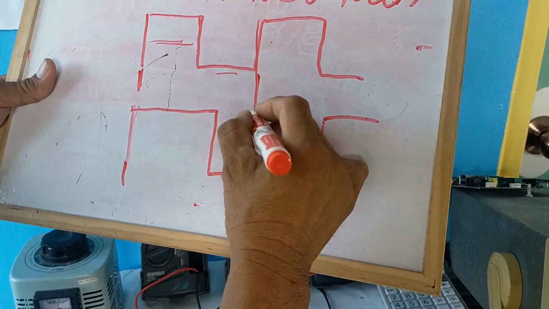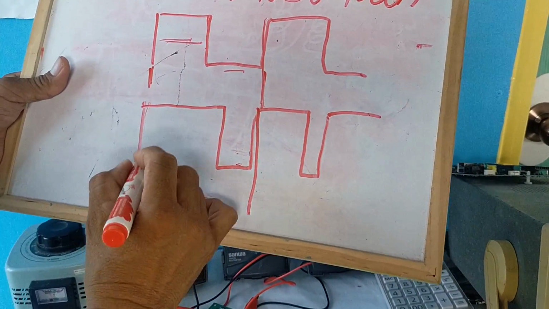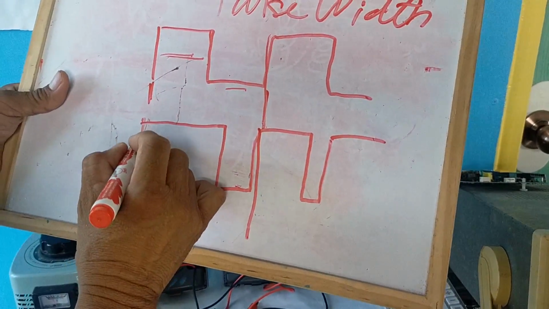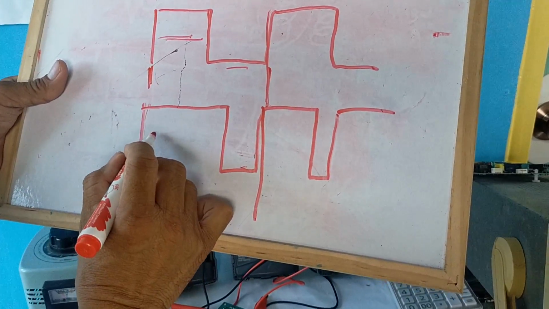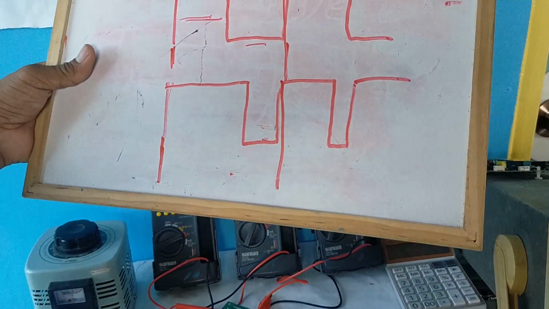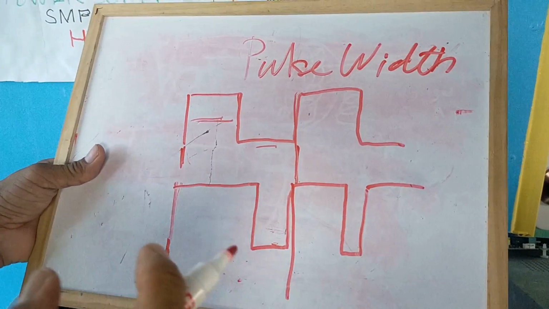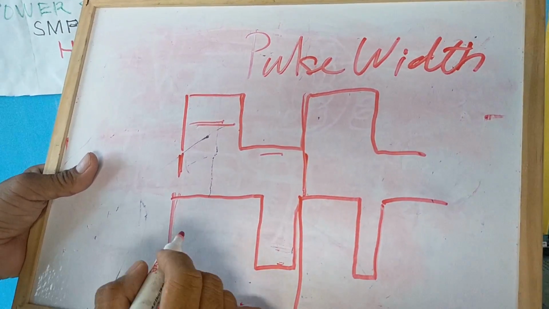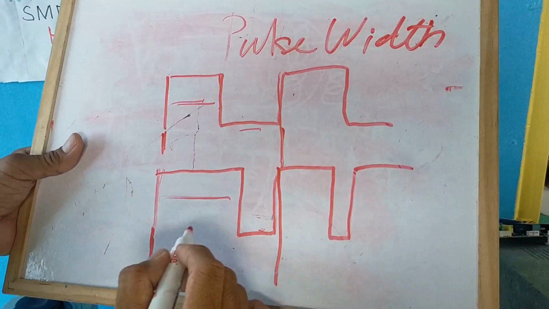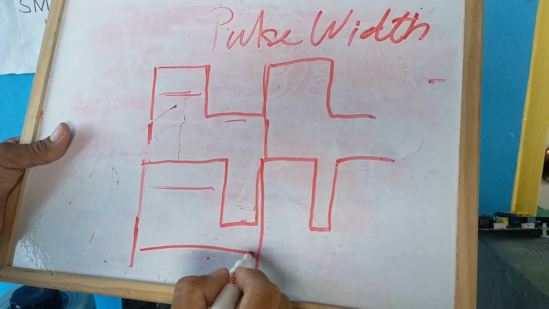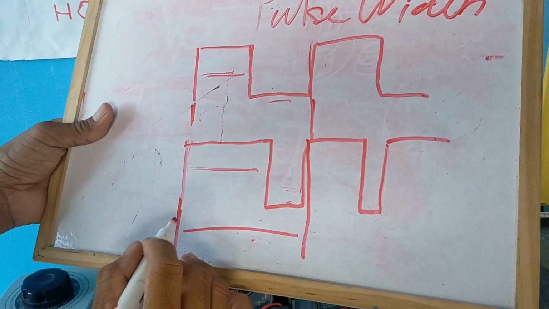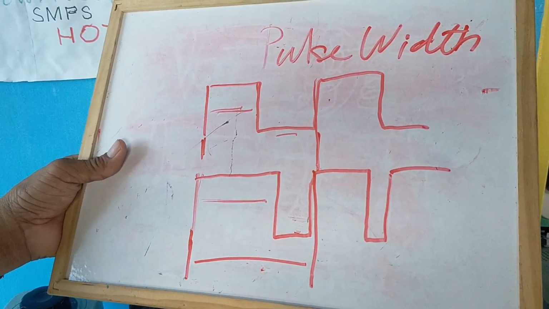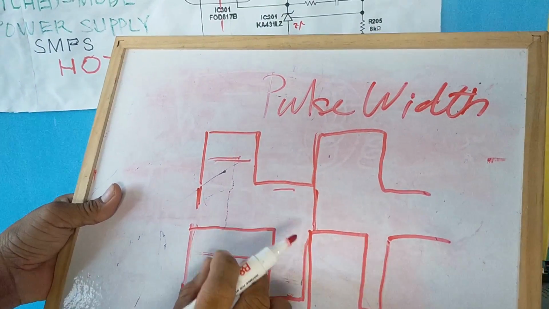So the width, this is 1 cycle actually. The duty cycle, or the pulse wherein the transistor is conducting, is the duty cycle. Duty cycle is the ratio of the pulse width to the pulse period. The period actually is the complete cycle, for the on state and the off state.